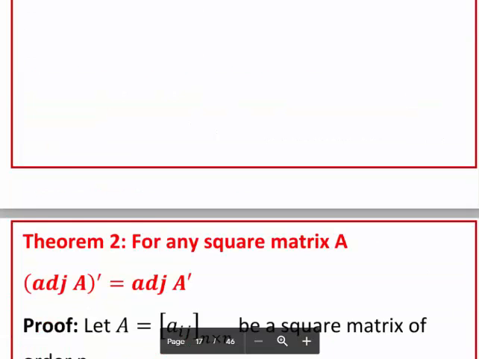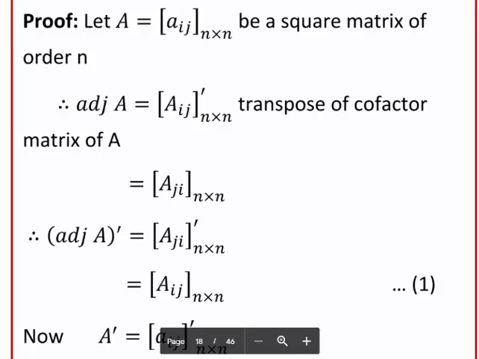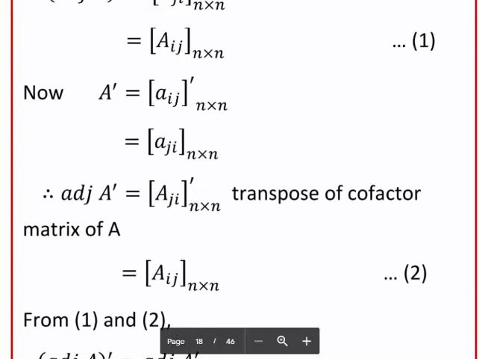What do we have to prove? We have to prove that this Aij is nothing but the adjoint of A dash. So let us take the transpose of A and then take the adjoint. A dash is nothing but Aji because A equals Aij, taking transpose. And taking the adjoint, we get Aij by the property. So from 1 and 2 we get the equality.